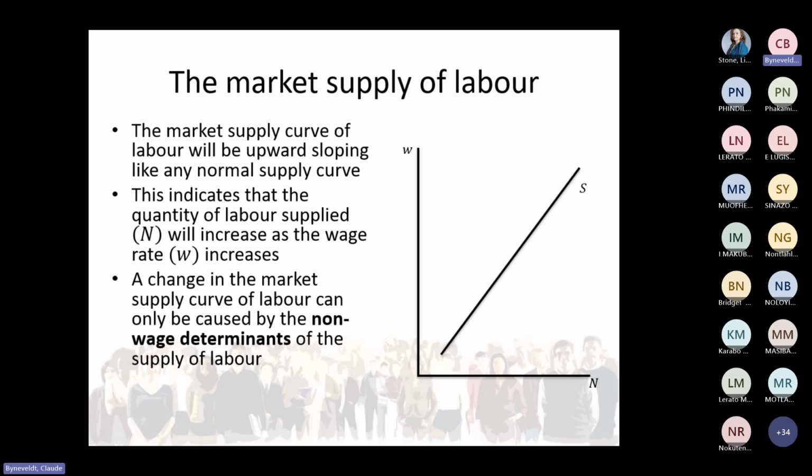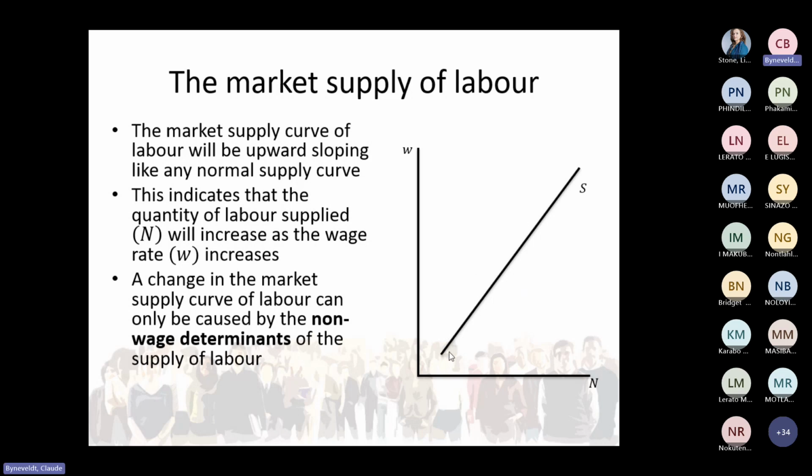Now the market supply of labor curve. You can see on the horizontal axis, N is the number of workers employed, and W is the wage rate. The market supply of labor curve will be upward sloping, like a normal supply curve.